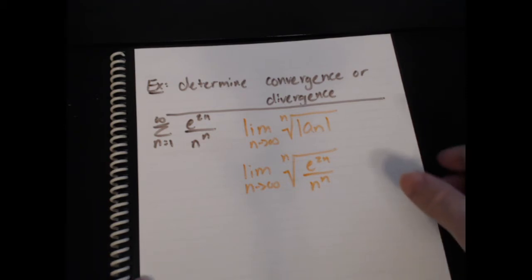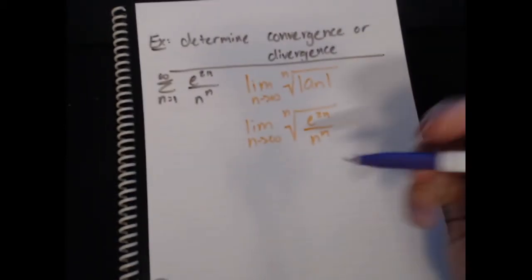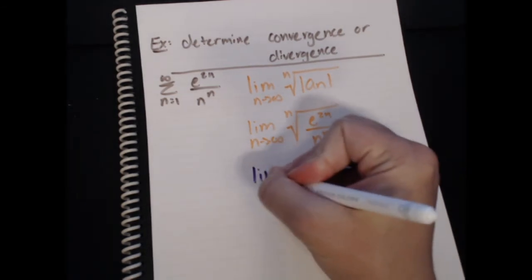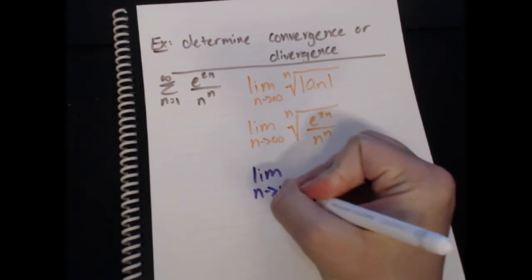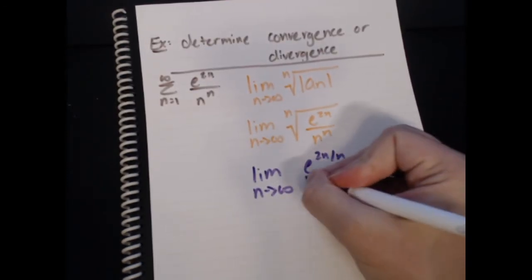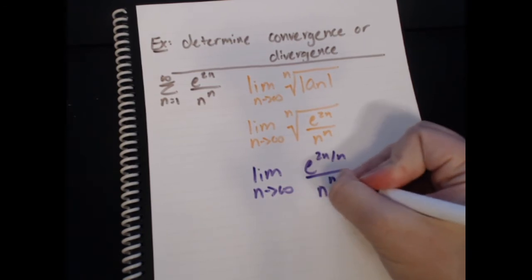The nice part about this is the following. Whenever I have this radical, what I'm really doing is taking the limit as n approaches infinity of e to the 2n over n, and then n to the n over n.